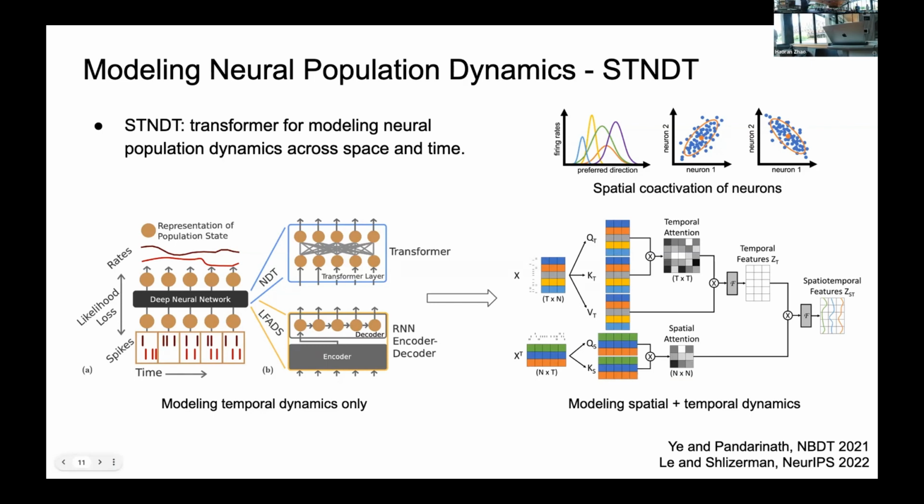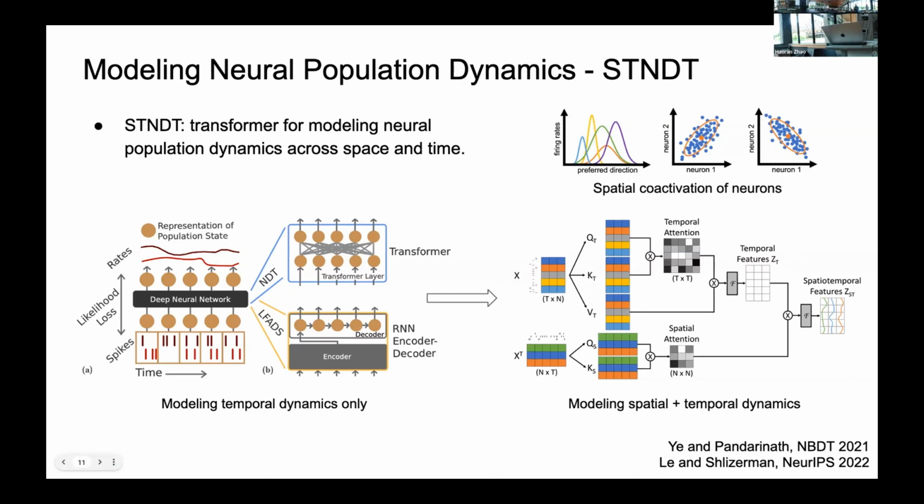So we know that the neurons in the brain do not fire independently. It has been shown that different neurons have different kinds of tuning curves, and their activities correlate with each other. So collectively, all of these neurons represent the motor behaviors, and it's necessary to take this into account when we build such a model.